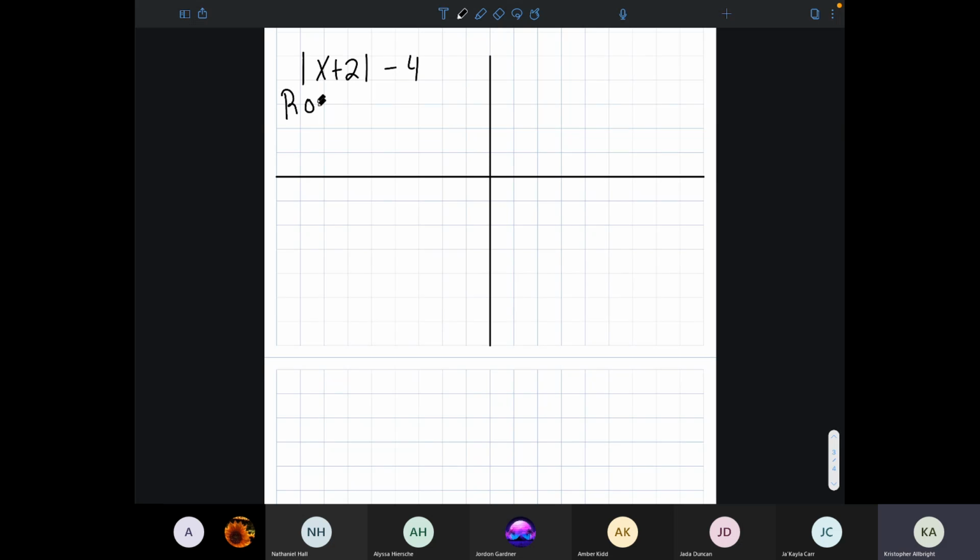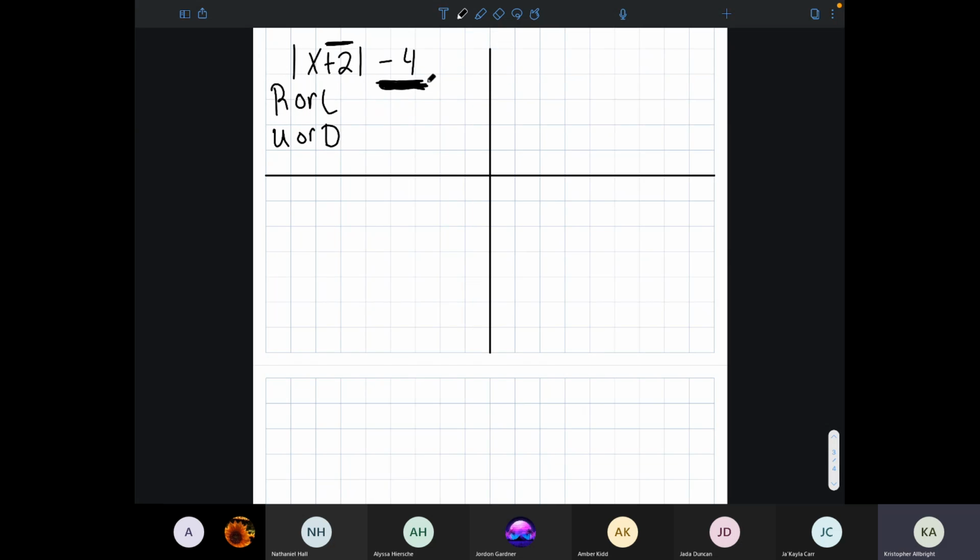So R or L, right or left, U or D. I'm sorry, that's wrong. This is going to tell me up and down because it's on the outside of the absolute value function. This is going to tell me right or left because it's on the inside.